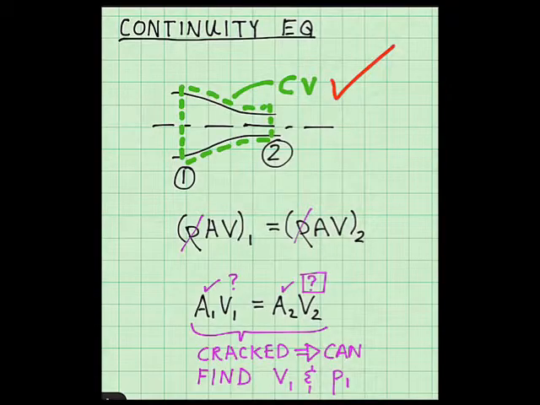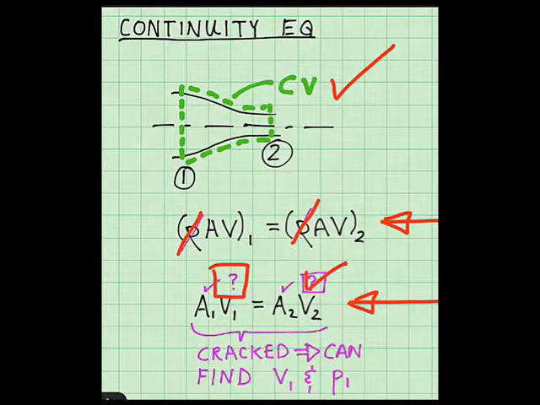Here's my control volume. I write the pipe form of the continuity equation. I eliminate density from both sides of the equation. I'm left with this equation, and this equation has my goal in it, V1, which is right there, and V2 should be known.